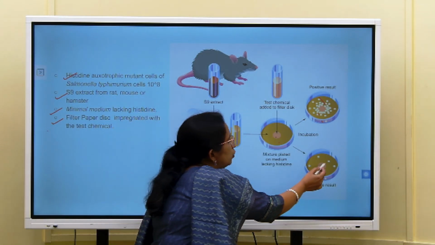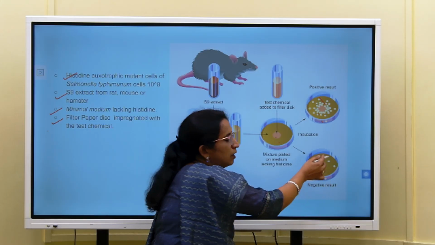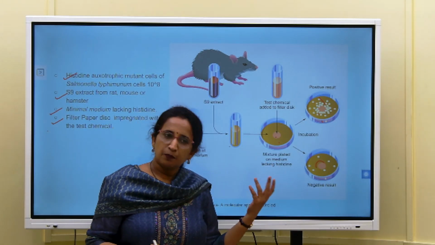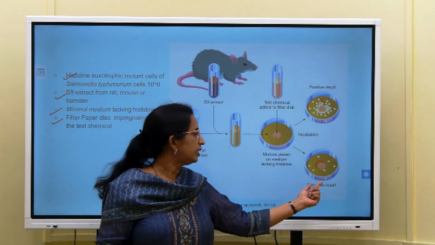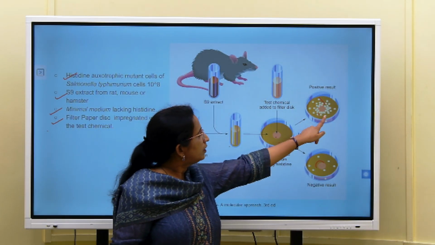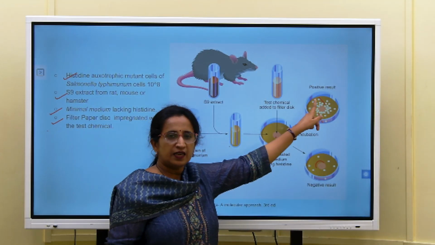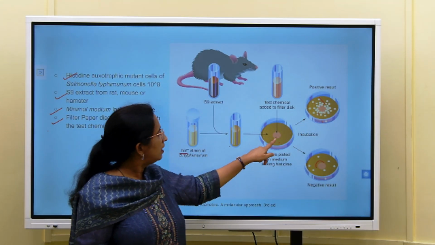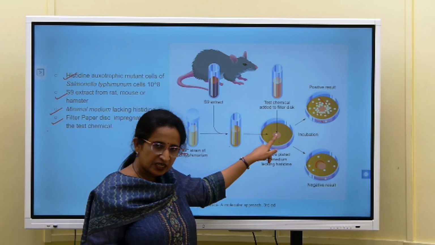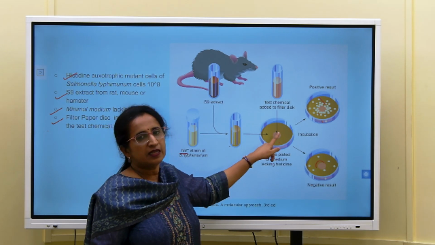So you will see around this disc there are no colonies, no cells. The Salmonella remains histidine minus and therefore it does not grow. So on this test plate, these colonies around the disc indicate that the chemical which we had taken in the filter paper disc is a mutagen and it is mutating the Salmonella typhimurium.